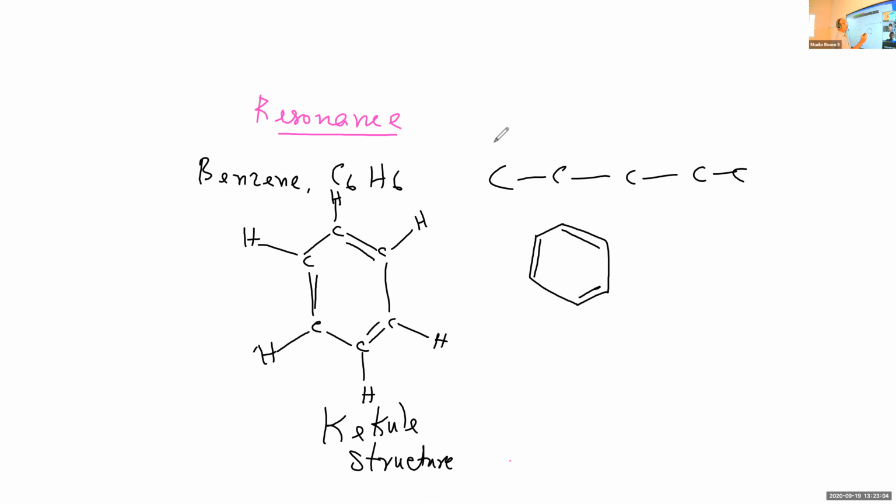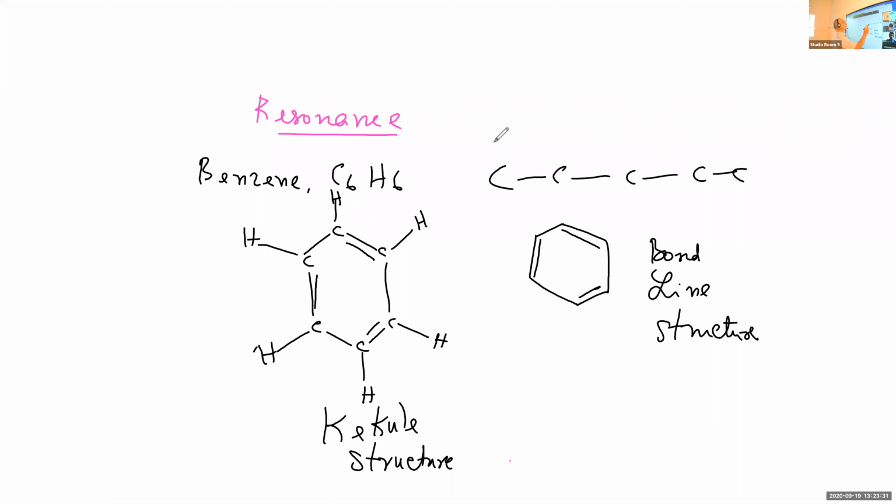This is called the bond line structure. We'll study this again. That is called the bond line structure of benzene. In the bond line structure, the carbon atoms and the hydrogen atoms are not shown. They are hidden. Only the ring or the structure.